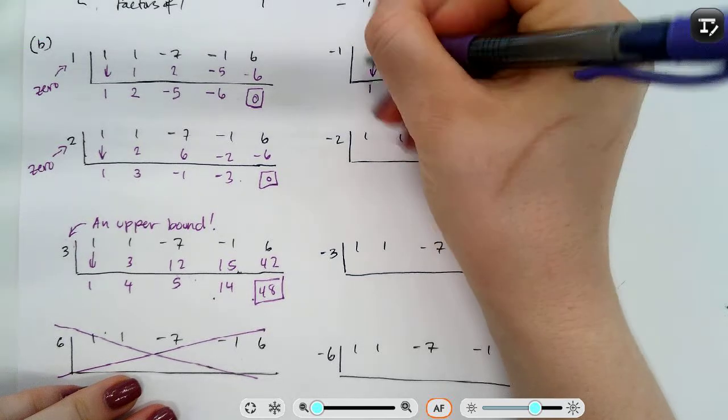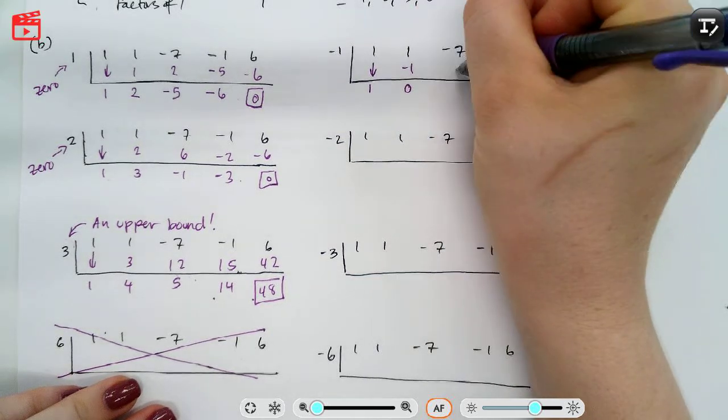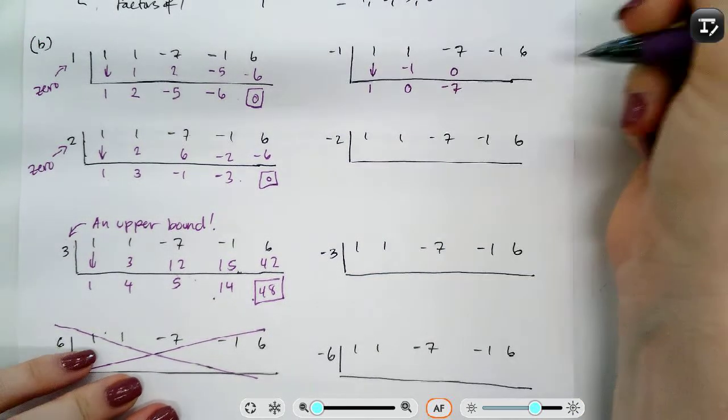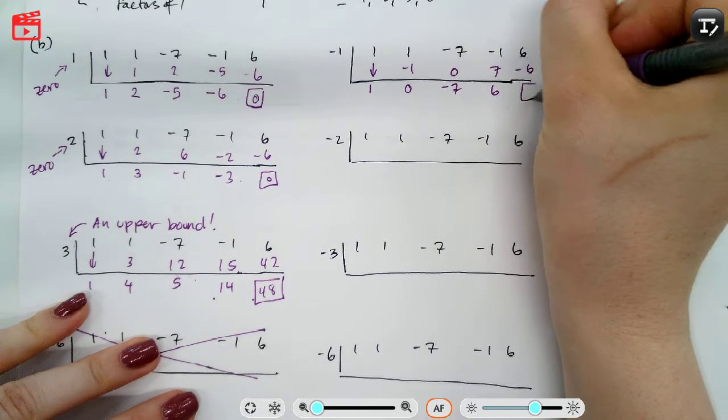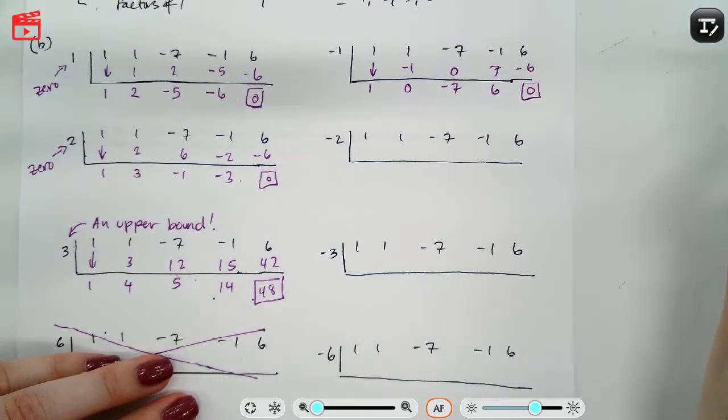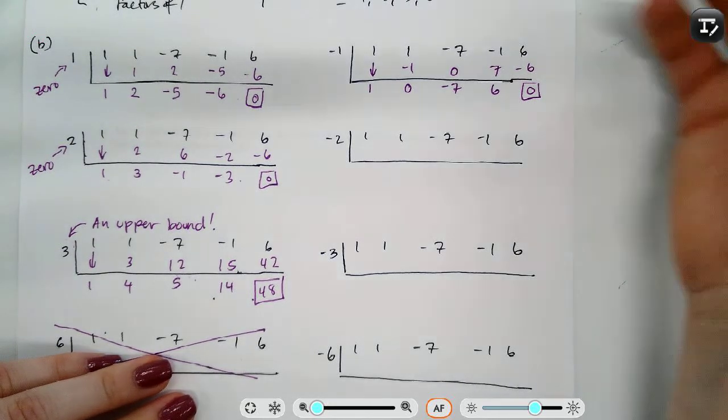All right, bringing down the 1, that's going to be -1. That'll be 0, 0, -7. It's going to be 7, 6, -6. That is a 0. All right, let's see. Well, this is a 0.